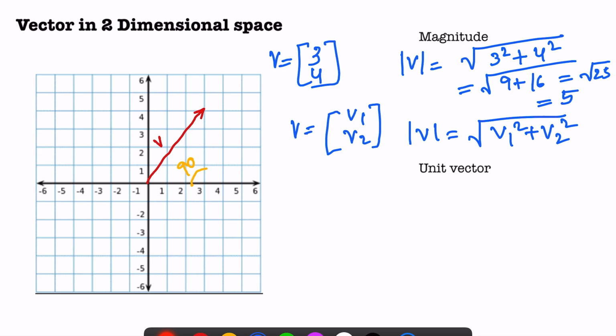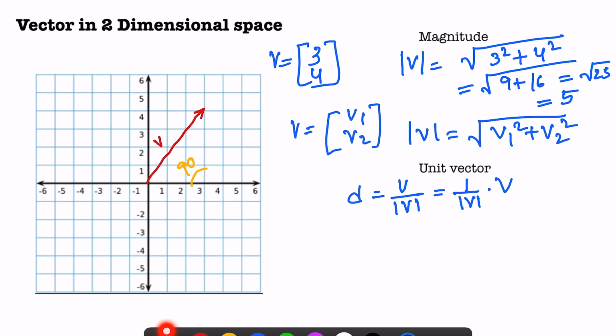Now a unit vector is a vector that has the same direction, but the length or magnitude will be 1. So the unit vector in this direction, let's call it d, will be v divided by mod of v, or we should write it as 1 over mod v multiplied by v, because this is a scalar value and this is the vector.